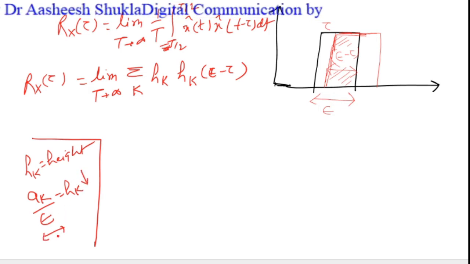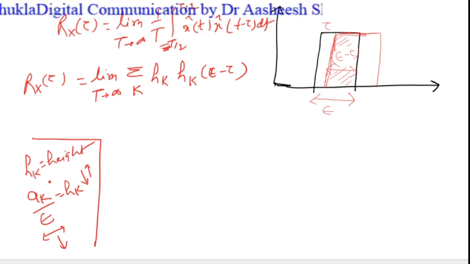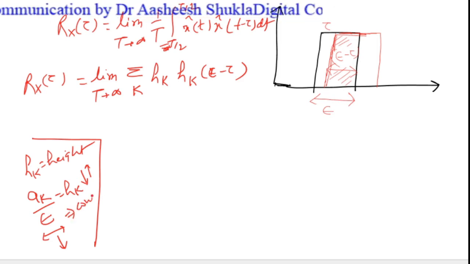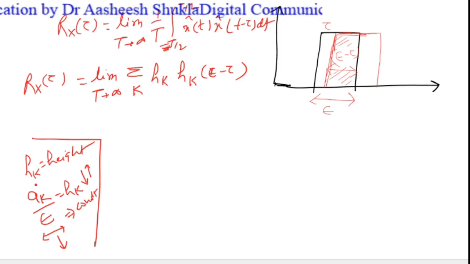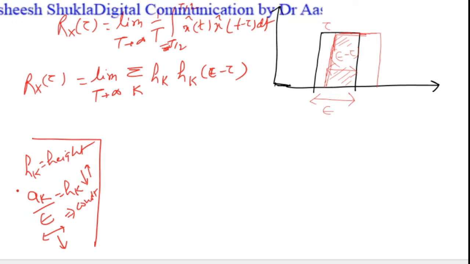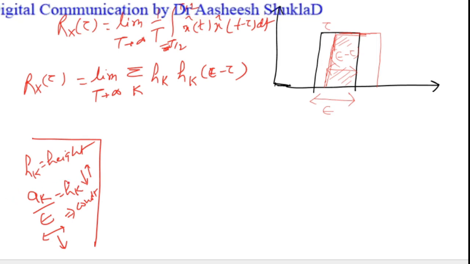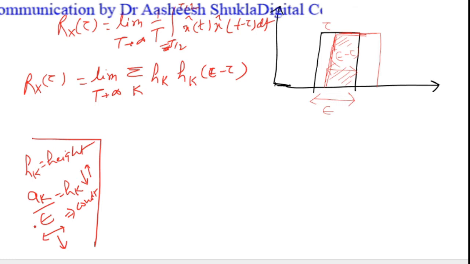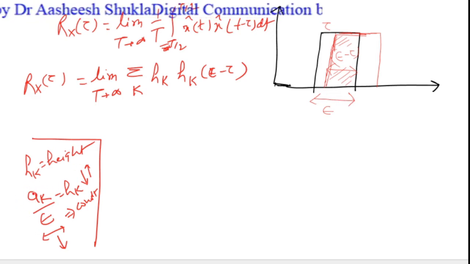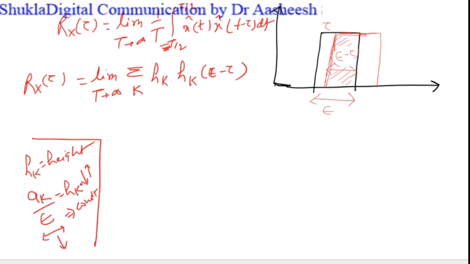If you decrease the pulse width, your height may increase, but the strength of the input signal, that is a_k, will always remain constant, and it should be, right? The value of 1010 cannot be changed. The waveform you use for the representation of 1010, you can change the height and width of that pulse, but the multiplication of h_k and epsilon should always be a constant value, that is a_k. So 1 will always remain 1 and 0 will always remain 0, right?